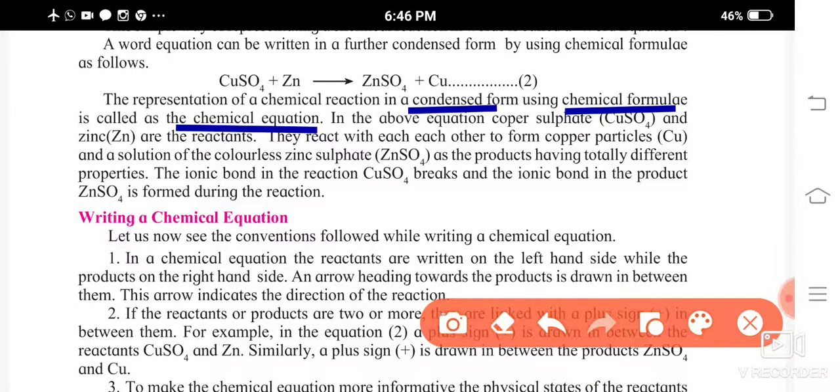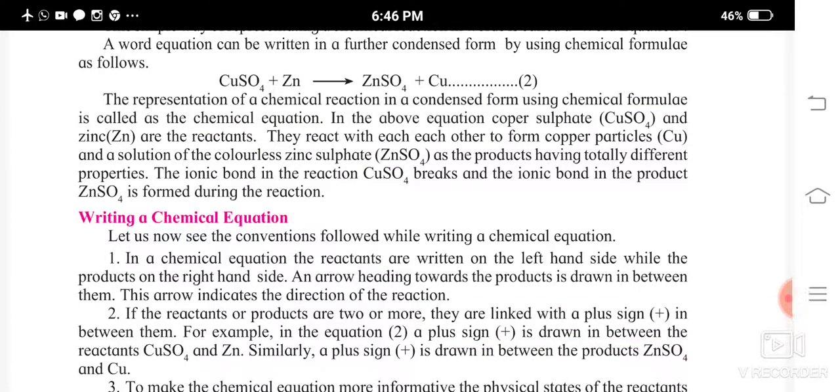Now in the above equation, copper sulfate and zinc are the reactants. They react with each other to form copper particles and a solution of colorless zinc sulfate as the products, having totally different properties. The ionic bond in the reactant copper sulfate breaks and the ionic bond in the product zinc sulfate is formed during the reaction.